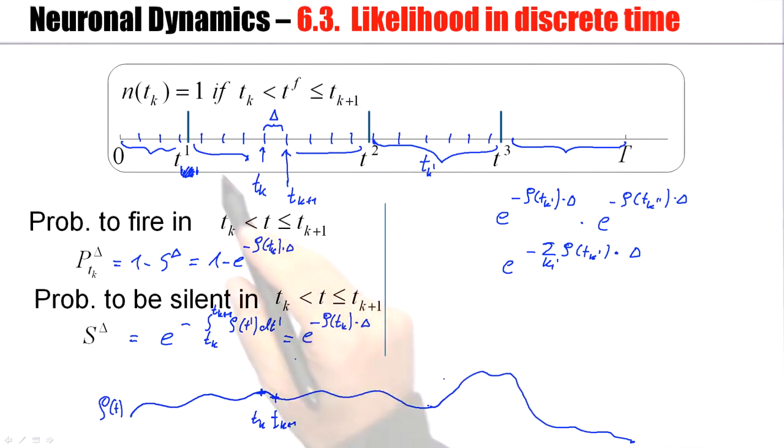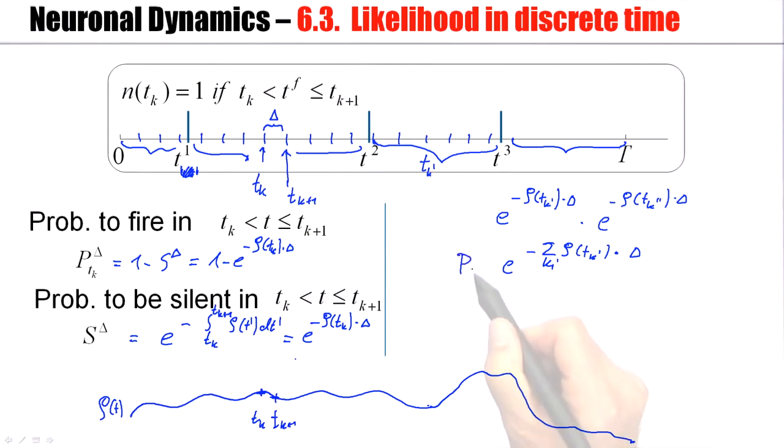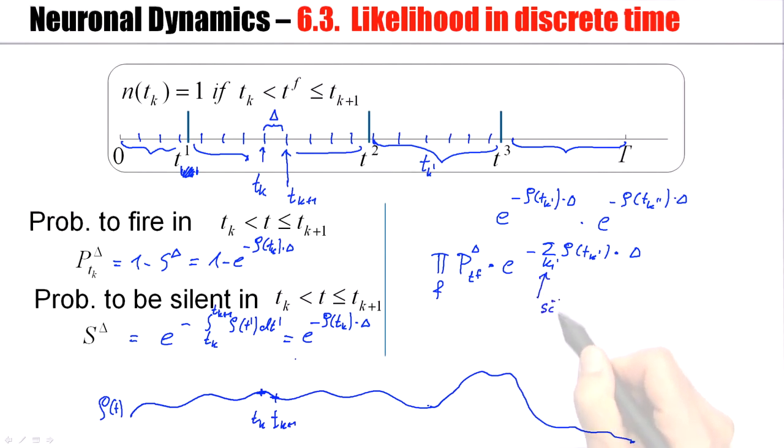And I have to add all these different moments, p of t_f times delta, for all the moments where I have firing. Product over all firing times. This is the sum of all bins where the neuron stays silent. So this is the discrete time construction of a likelihood.